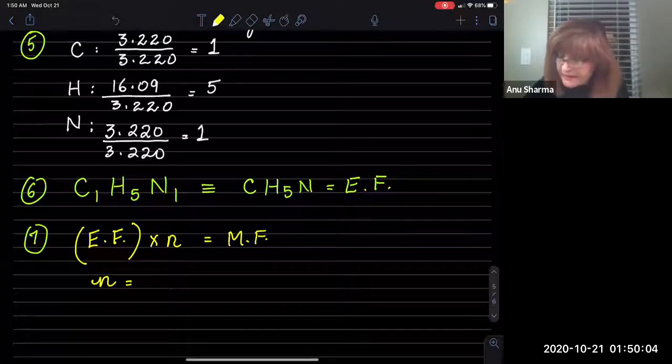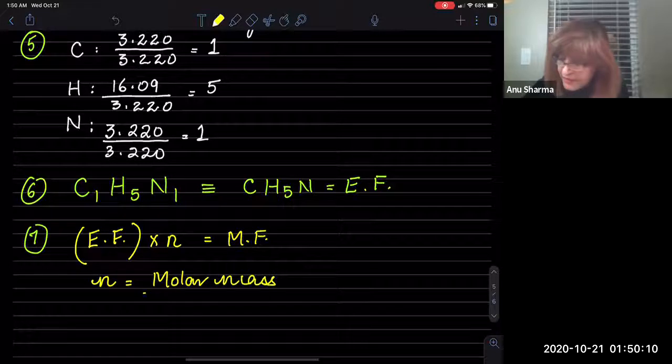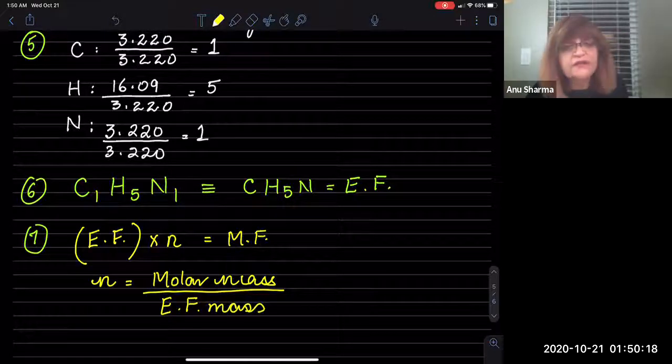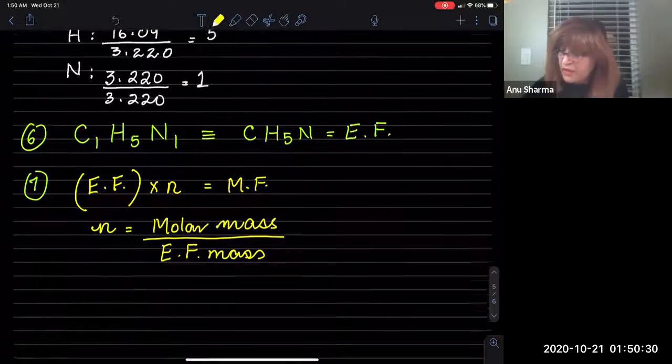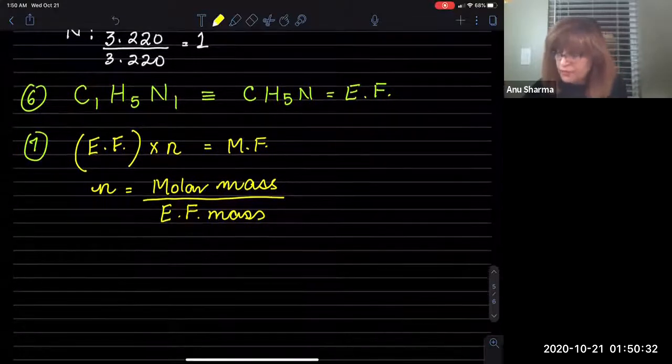N is the molar mass that is given, divided by the empirical formula mass. Sometimes the empirical formula mass and the molar mass can be the same, but there can also be times when they are different. So you really have to calculate the mass coming from the empirical formula.